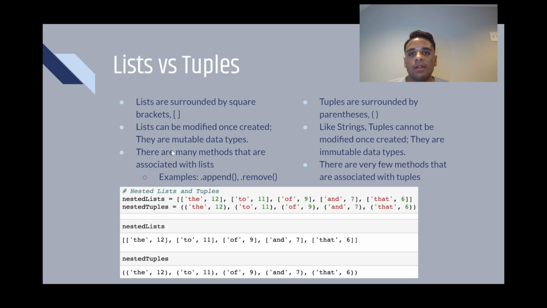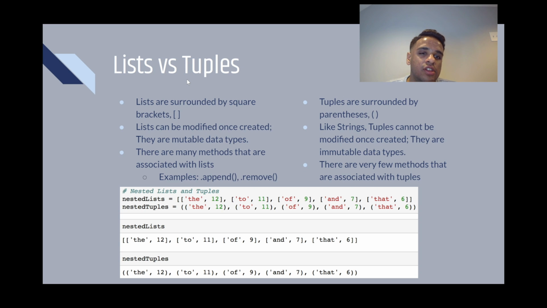If I want to add pears to it, I can say list.append pears, and that will add pears to the list. But if I want to remove something, I have to say list.remove apples, and I could remove it from the list. So with lists, you could always change and modify them.